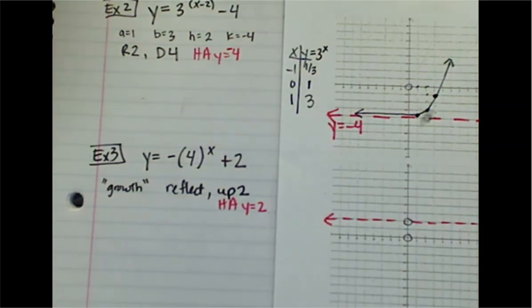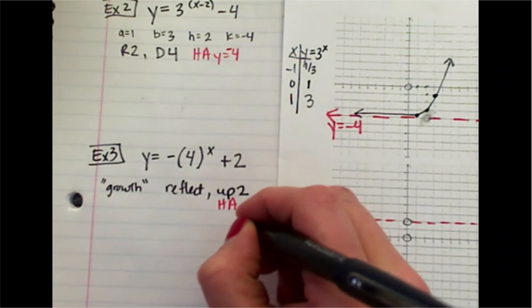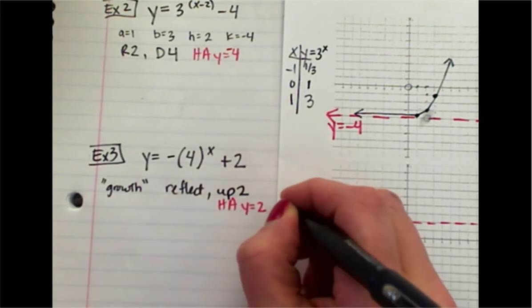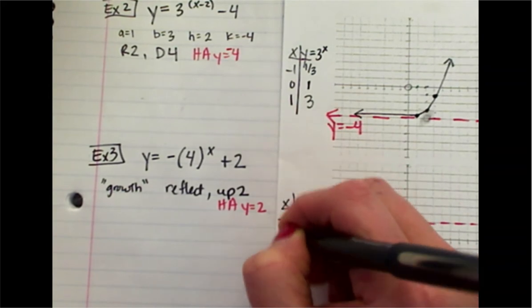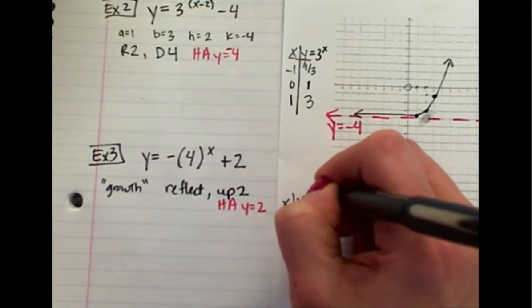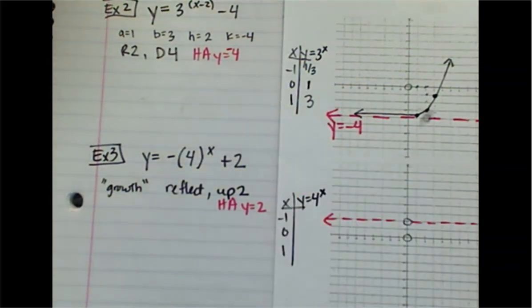Okay, now I need points. Well, make your table, and let's see what we're going to do with them. Okay, see that? Just 4 to the x. Take away the transformations. List your 3 parent points.